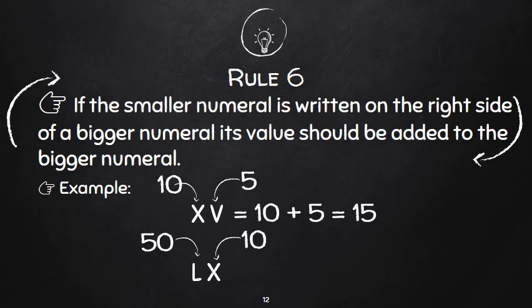Again, X is a smaller Roman numeral and L is a bigger Roman numeral, and X, the smaller Roman numeral, is written to the right side of the bigger Roman numeral L. So what we will do? Let's see. 50 plus 10 is equal to 60. Means we are adding the value of the smaller Roman numeral X to the value of the larger Roman numeral L, and hence the value is coming 60.